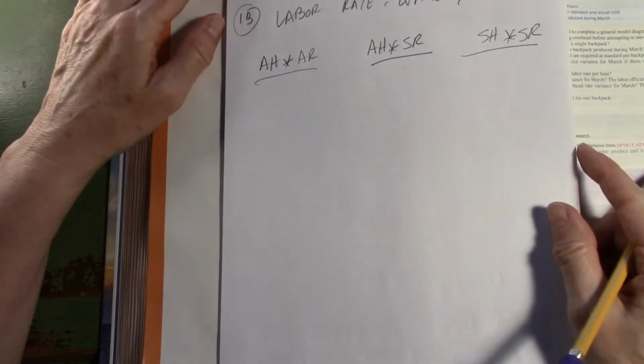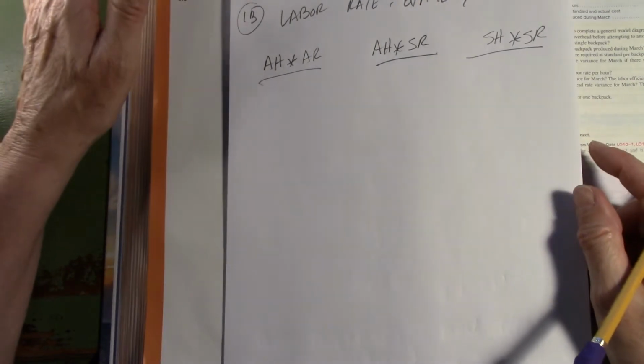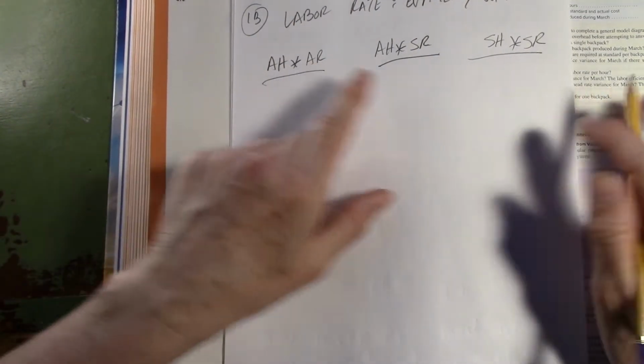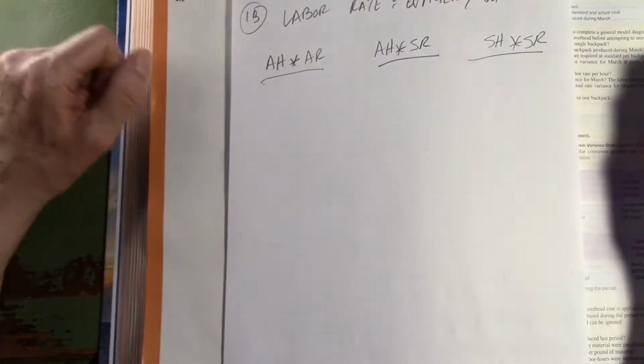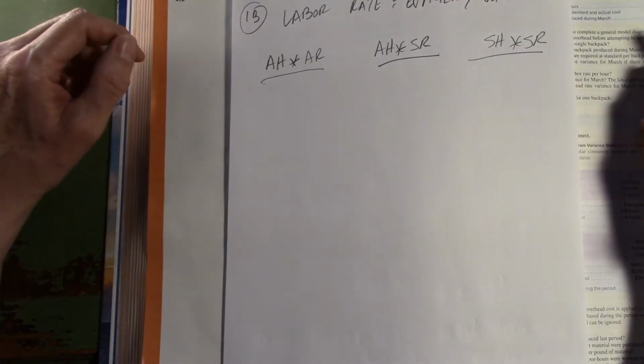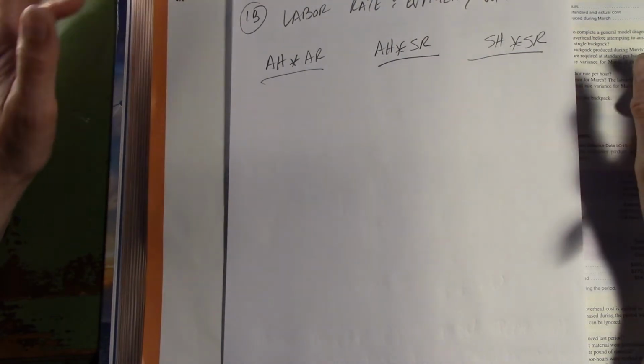Now we're going to do the labor rate and the efficiency. So we're doing labor. And again, if you want to look at this as quantity and this as price, that's fine. We're just doing the same thing. Actual times actual, standard times standard, and then the middle, actual times standard. So in this case, it's labor.